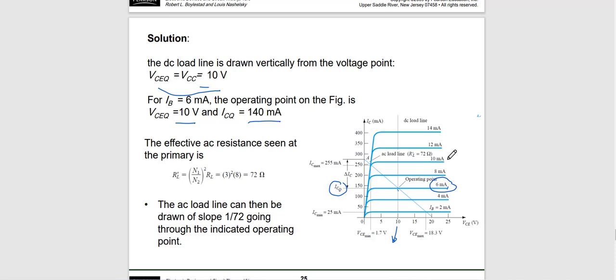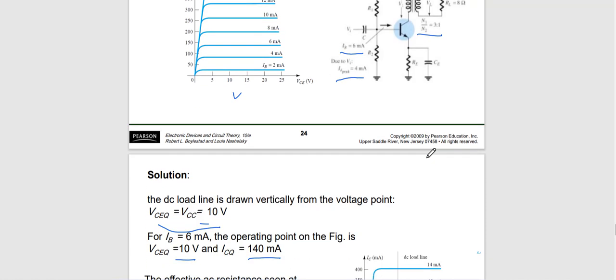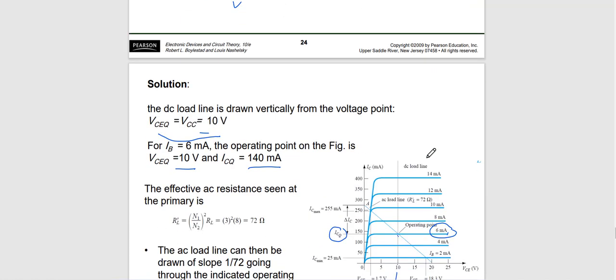Okay, then we can calculate the effective AC resistance seen at the primary of the transformer, R'L, which is equal to (N1 per N2) squared times RL. So N1 per N2 is 3 compared to 1, 3 per 1.